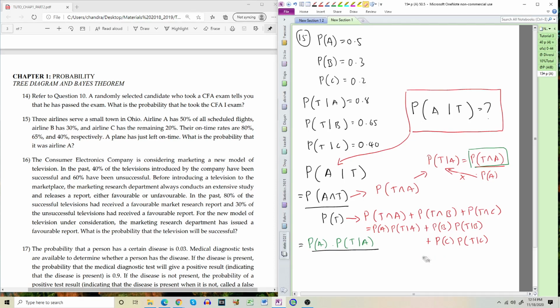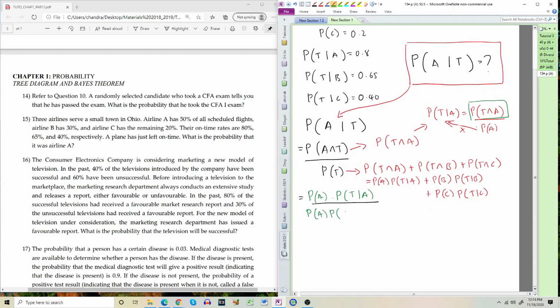So if you do this, this is what you have to write here. If you substitute all the values, okay, all the values here.